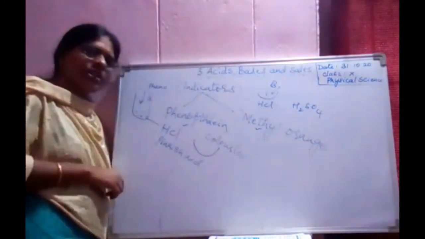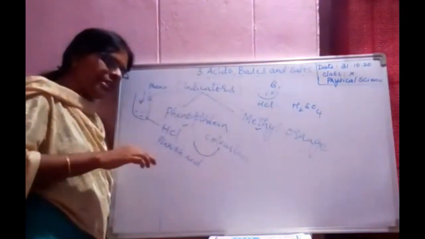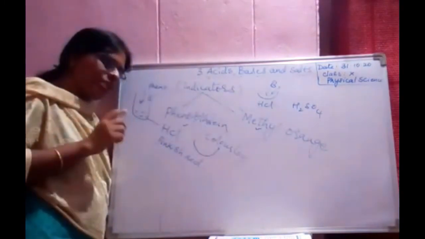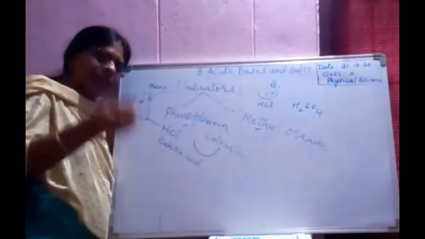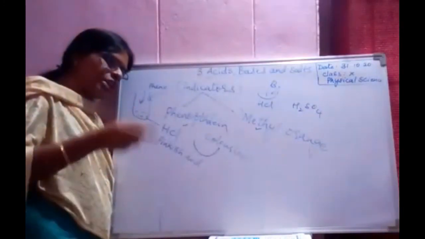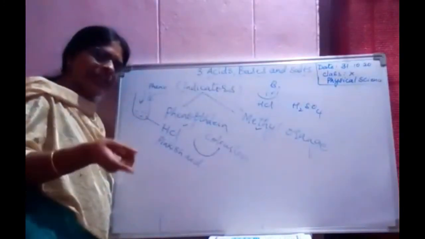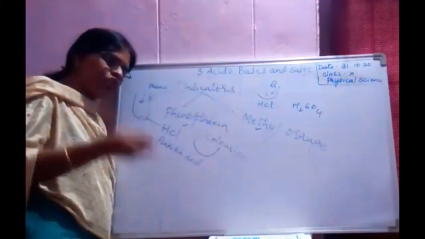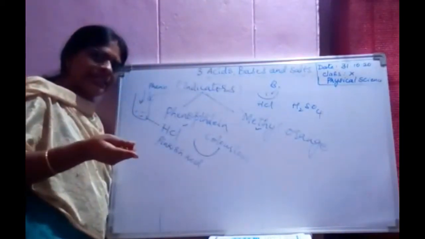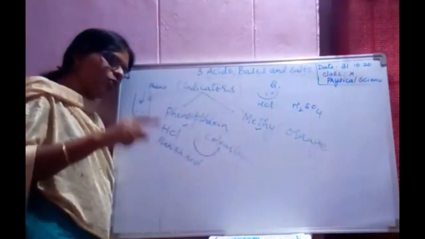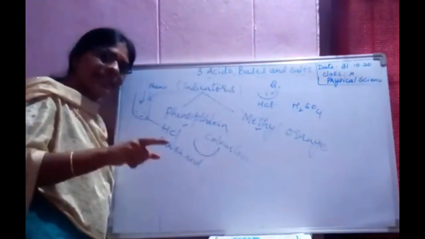CH3COOH. See, all these names are given above. HCl is hydrochloric acid. H2SO4 is sulfuric acid. HNO3 is nitric acid. CH3COOH is acetic acid.